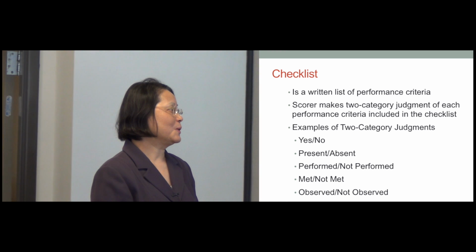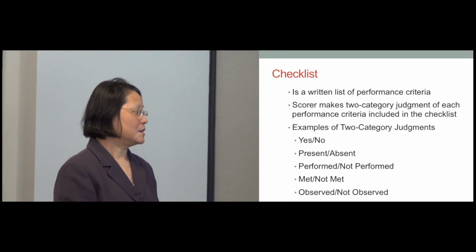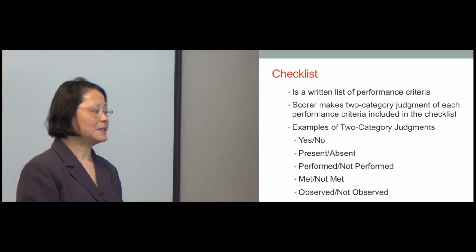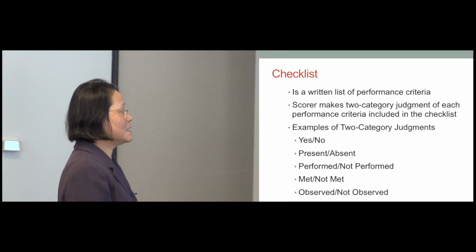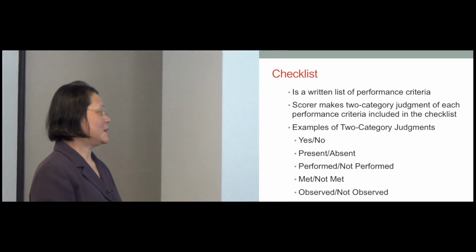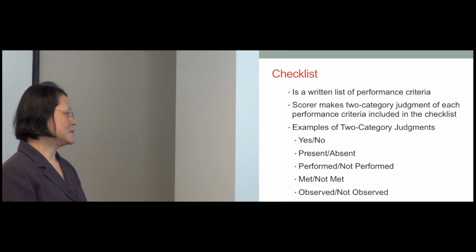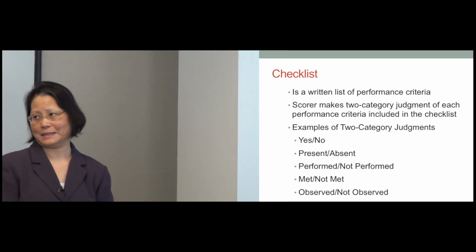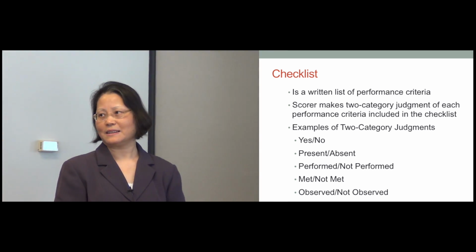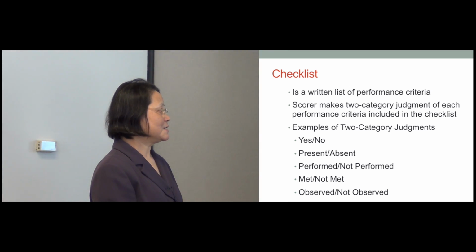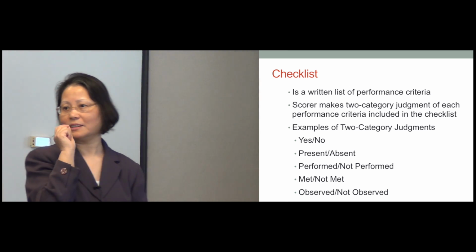Here's an example, again based on an outcome in one of the programs. Here is a BS in chemistry. The outcome says students will be able to design and carry out chemical experiments, record data, and analyze data. So now we can develop a checklist to see whether they did it. If students design a chemical experiment, we give a check.